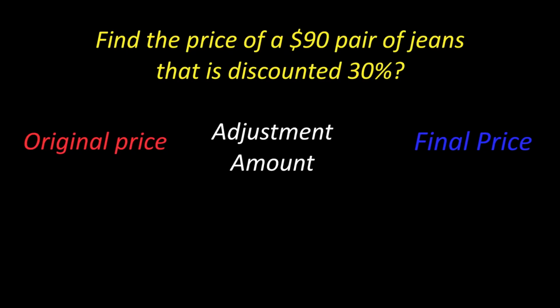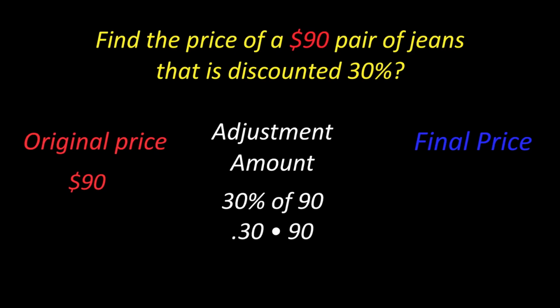Next problem, $90 pair of jeans, discounted 30%. That tells us our final price is going to be lower than $90. The original price is $90. The adjustment amount: we take that percentage, convert it to decimal form, and multiply by the original price of $90, which gives us the adjustment amount of $27.